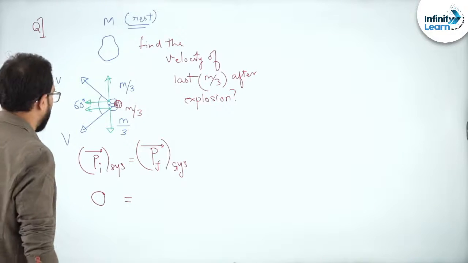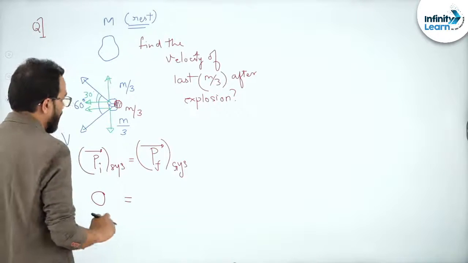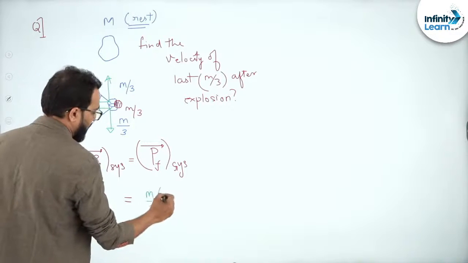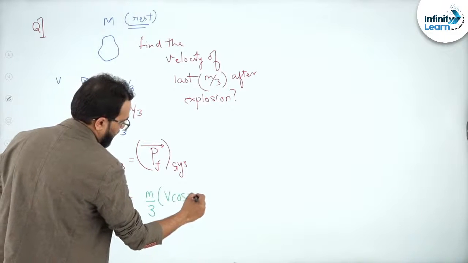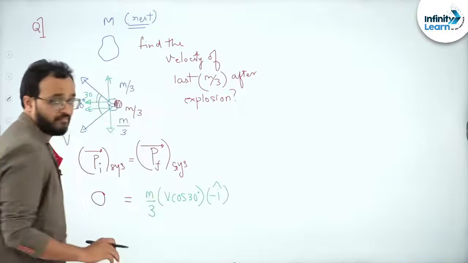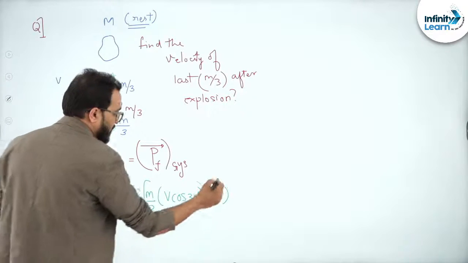Okay. So this angle will be 30 degrees. So you will say, sir, m/3 into v cos 30 degrees, minus I cap, and I will multiply 2 with it. Now why I am doing this?